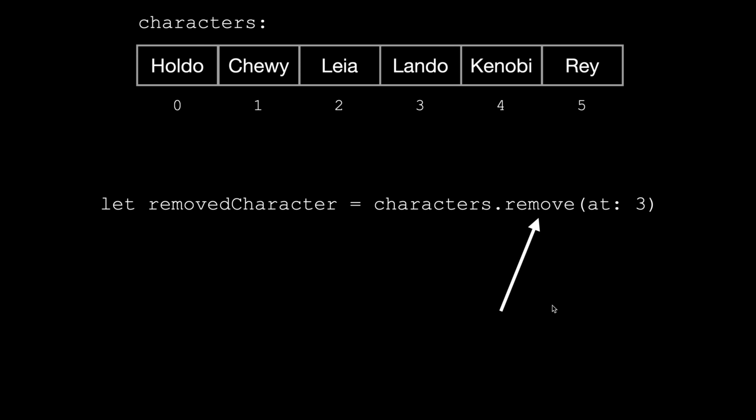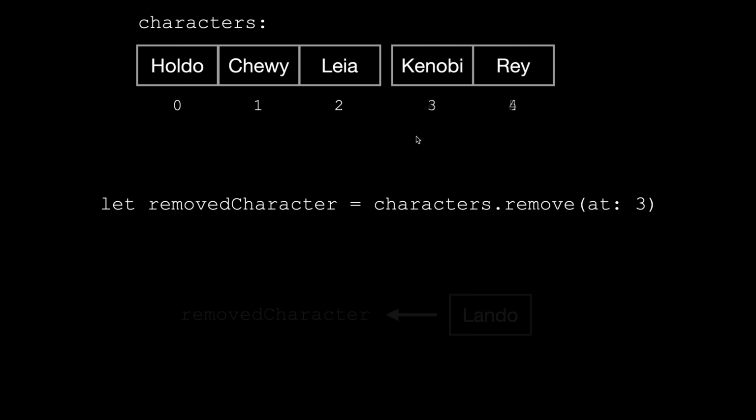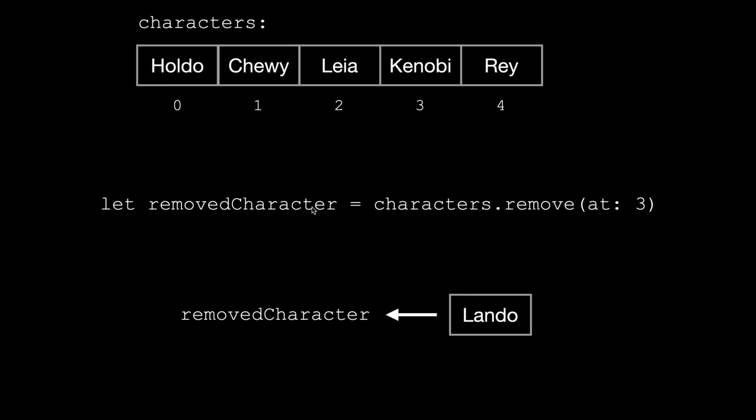So the same thing will happen: when we call .remove, we're going to remove the element here, and then Kenobi and Rey come over and they get indexes 3 and 4, but removed character is assigned the value that was in that element before at index 3, so Lando will now be assigned to the removed character variable. Okay, so that's a pretty useful feature, and I'll show you in a second why that's useful.